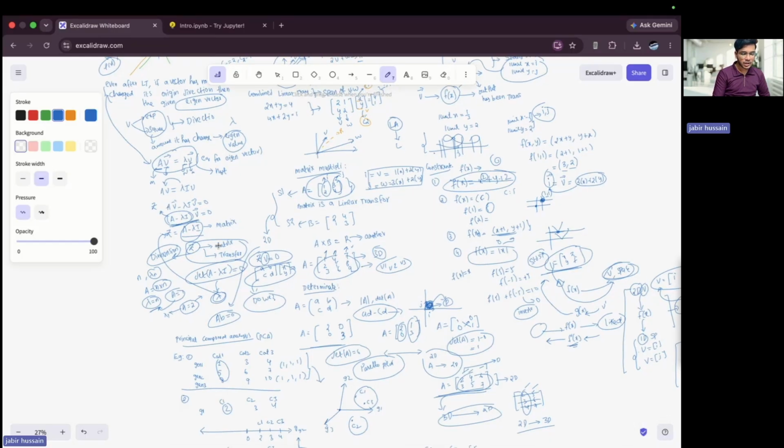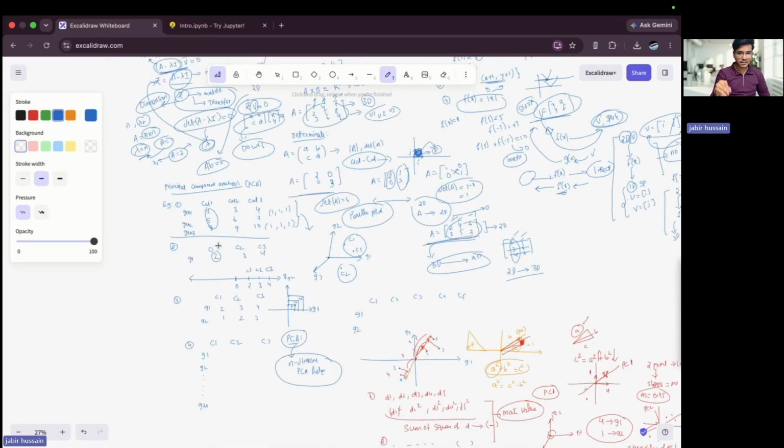So after talking about eigenvectors and eigenvalues, we went through an implementation of eigenvectors, which is PCA, right? Principal component analysis. I hope I'm pronouncing the full form correctly. In principal component analysis, I told you why we use it, and how we find it manually, right?